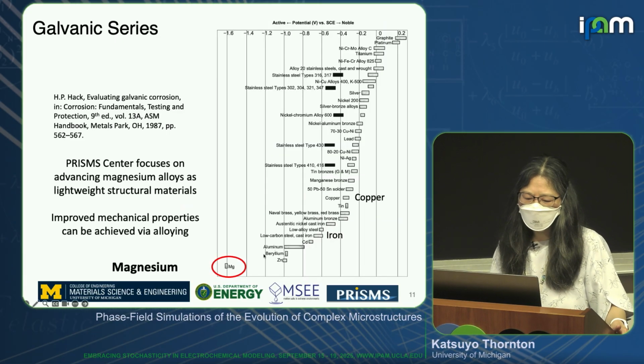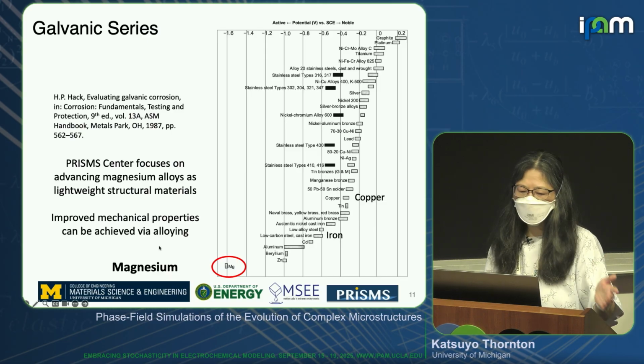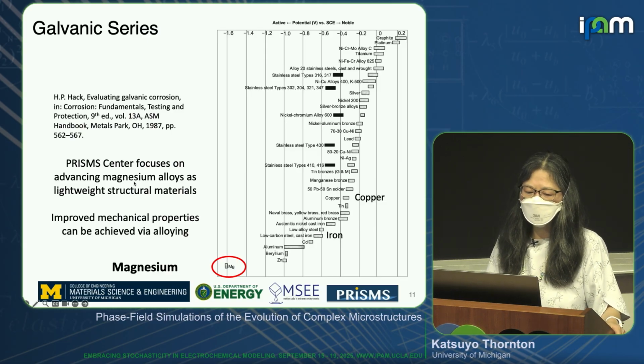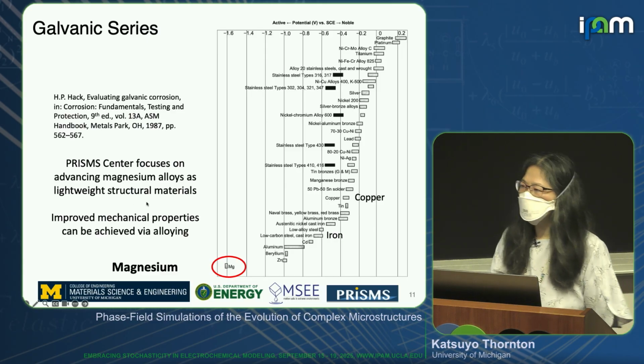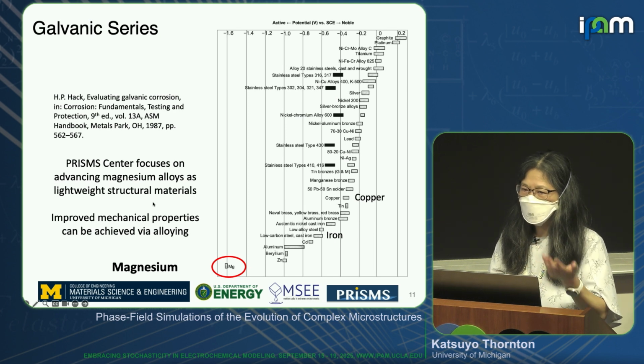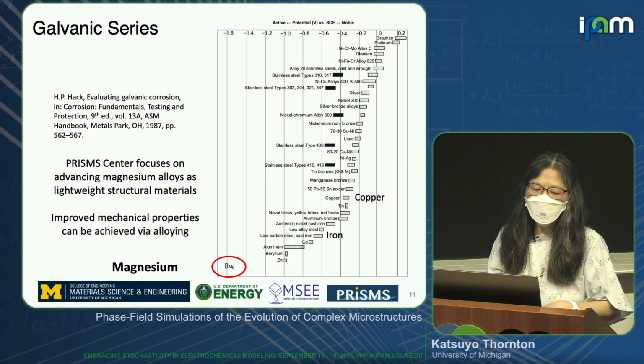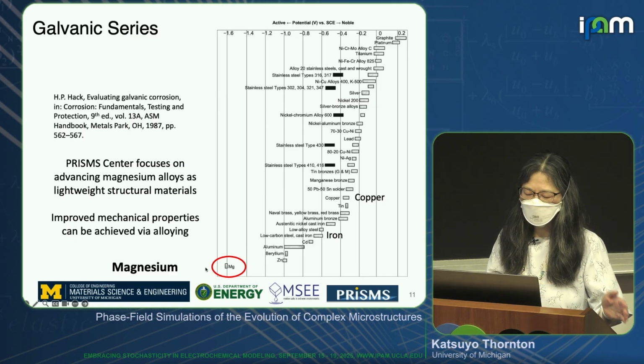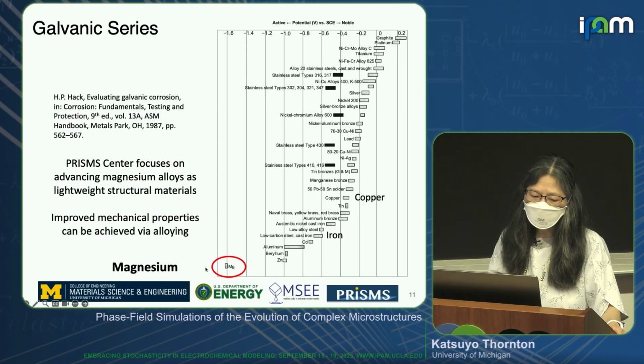Now, the focus of the PRISMS Center is advancing magnesium alloys as lightweight structural materials. We look at the mechanical properties, but the material also needs to withstand environmental effects. Magnesium is extremely negative in potential, which makes it very susceptible to corrosion.